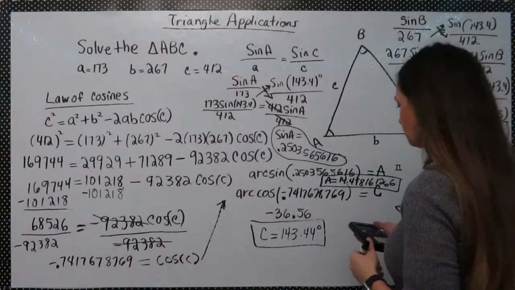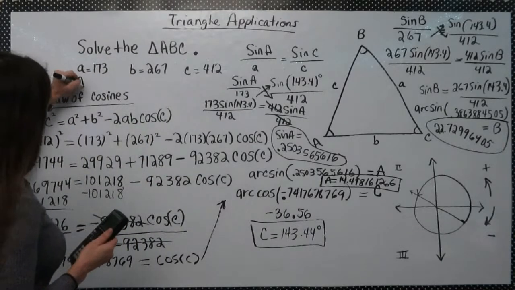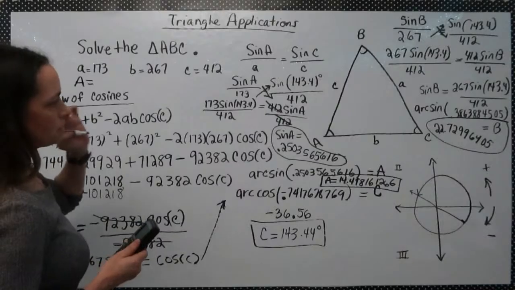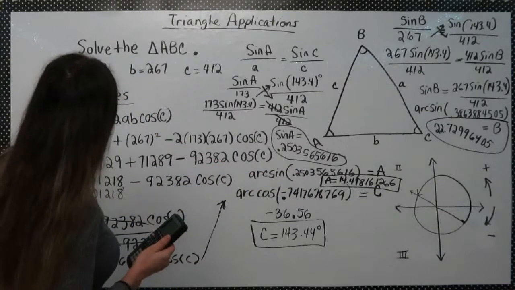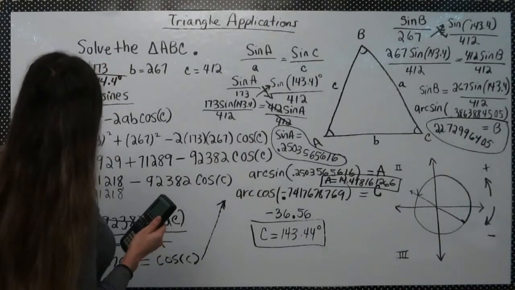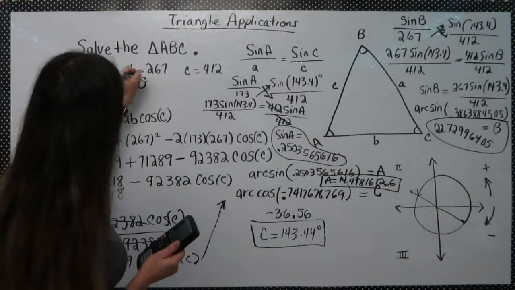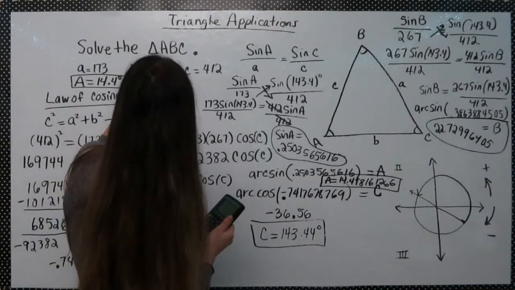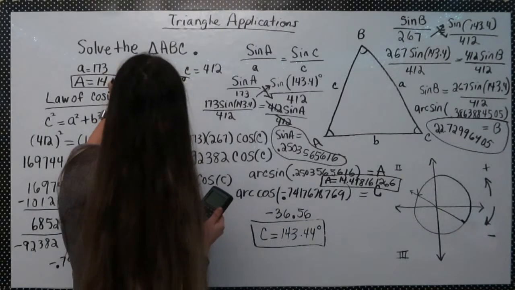All right, so really all we have to do now is just put the angles up here. So we've got angle A, and we'll go ahead and approximate it. We'll say 14.4 degrees. We've got B is approximately 22.7 degrees.